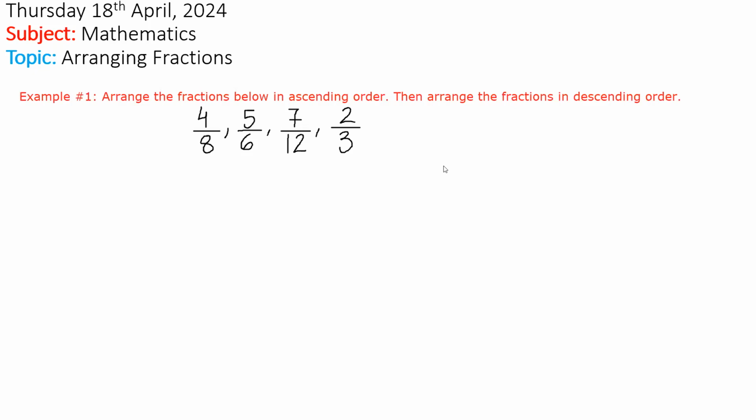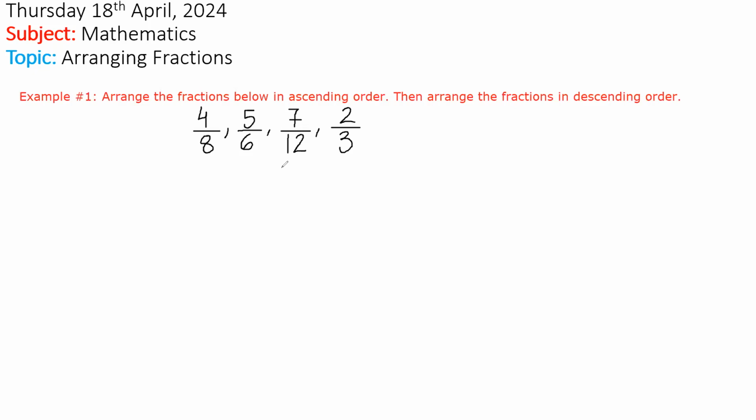And what fraction do you think is the smallest out of these 4? I think 5 over 6 is the smallest. And what do you think is the biggest? 2 over 3. Okay. All right.